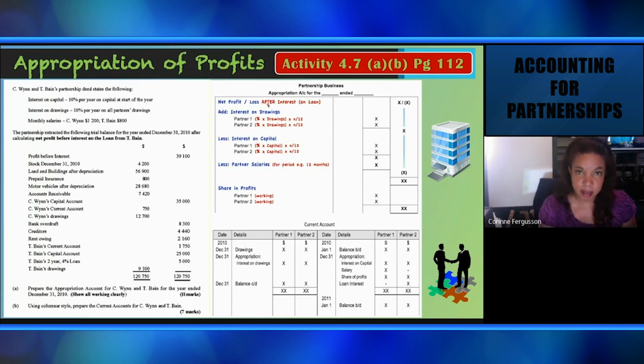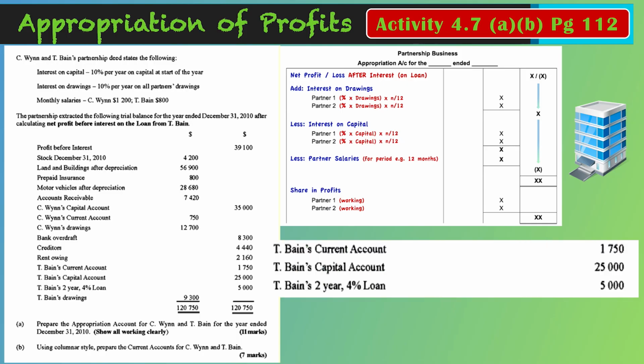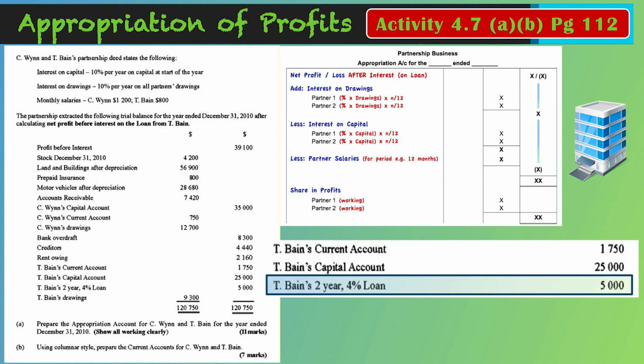Most of you realized that you had to take away the interest on loan. Where the problem occurred is that you didn't know how much. A lot of you minused 5,000, if you minused anything at all. So the 5,000 was a common mistake.